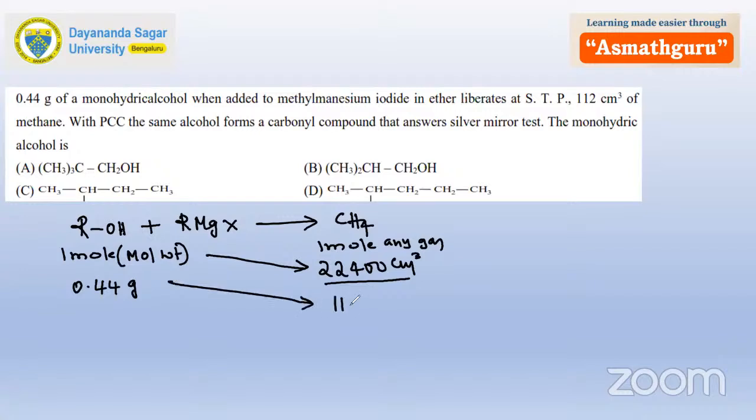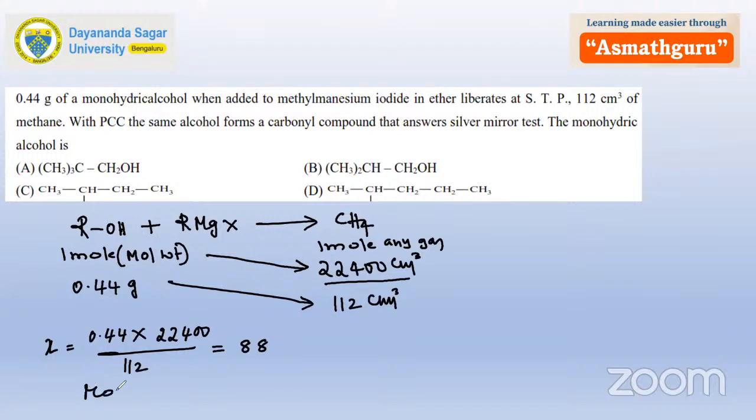I get 112 cm3. Then X is equal to 0.44 into 22,400 divided by 112. It gives you 88. That means the molecular weight of your alcohol is 88.